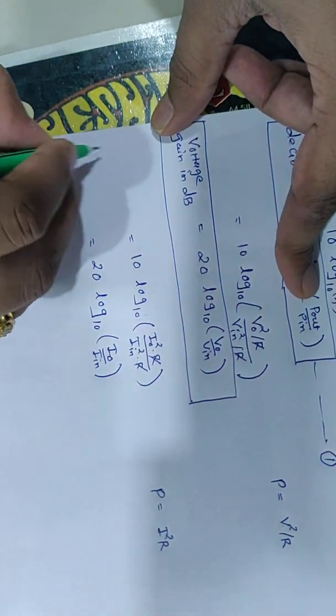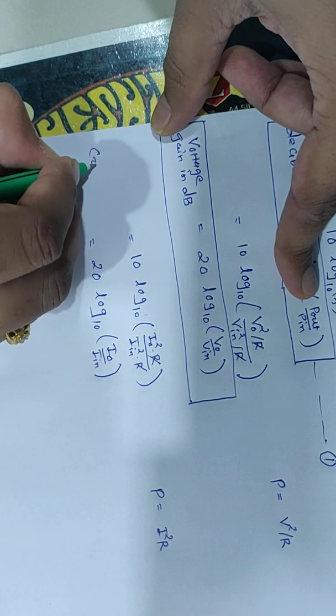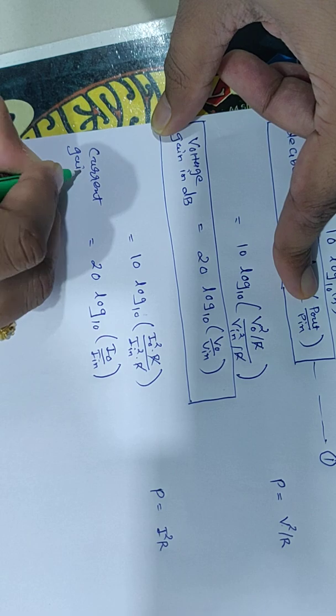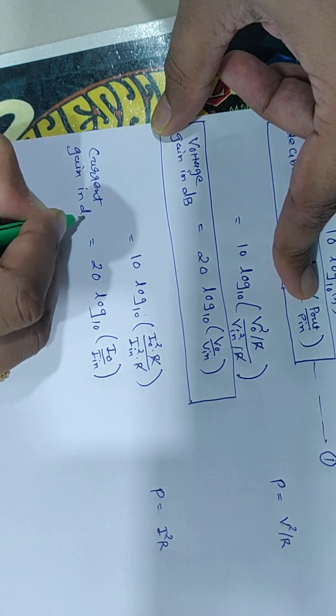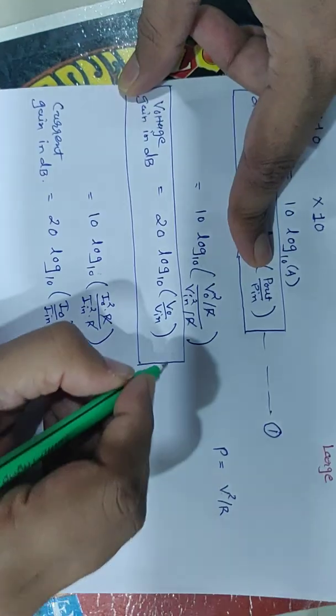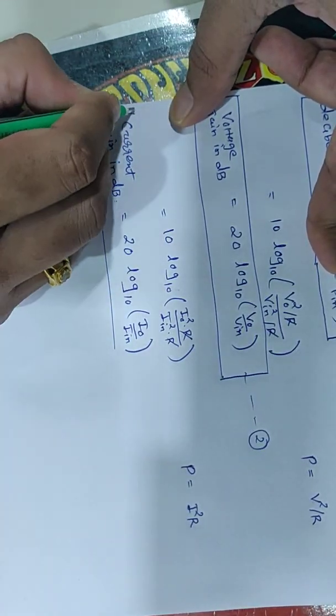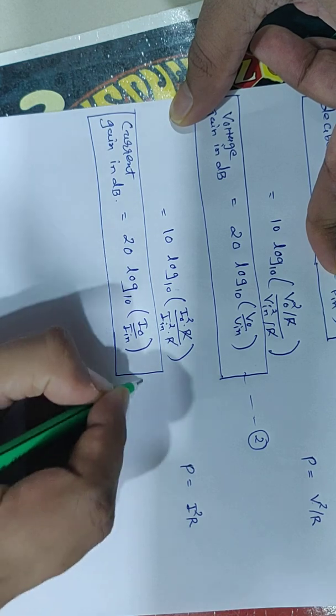So this equation will give current gain in dB. So this will become the equation number 2 and this will become the equation number 3.